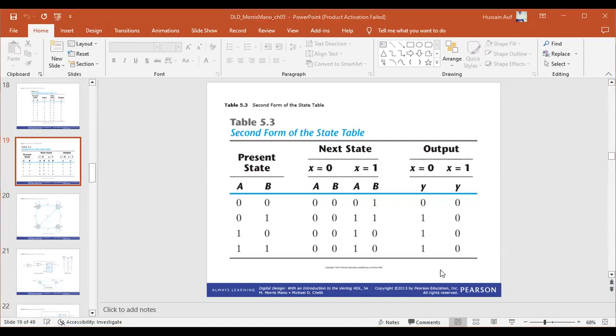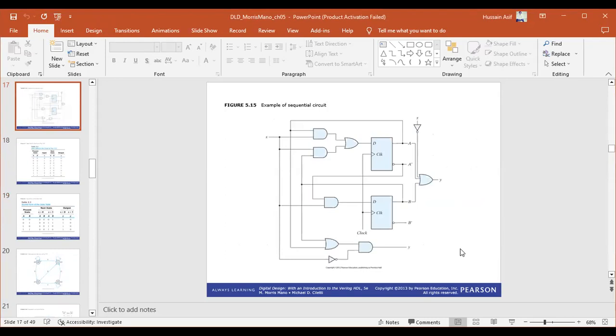Okay, so what do you remember from the last class? What do you remember from the last lecture? We were having this example of a sequential circuit, right?